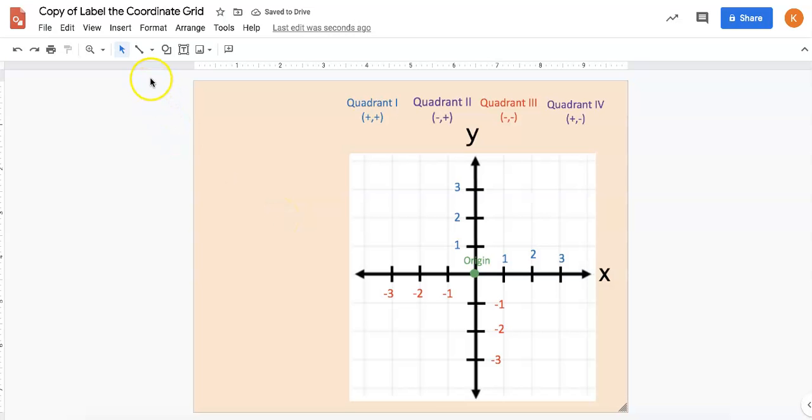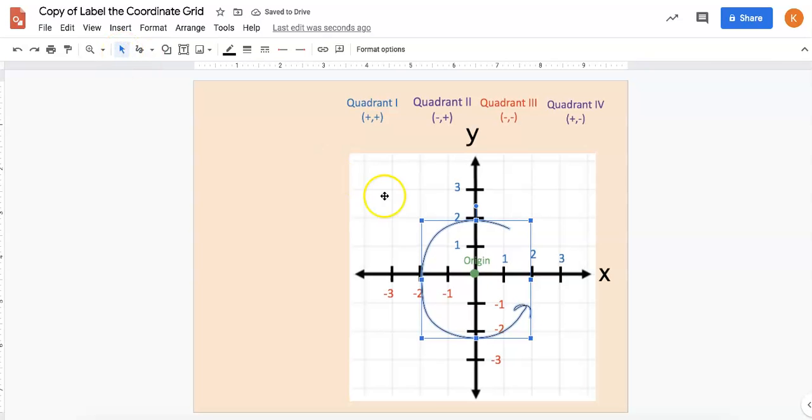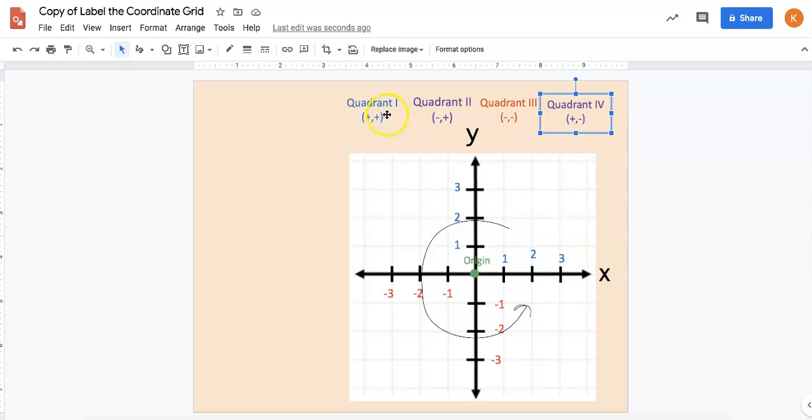Now, when you're labeling quadrants, let me go ahead and grab the scribble tool. You start over here, and then you move counterclockwise as you label them. So I'm going to move back to the selection tool, and then I'm going to move quadrant 1.